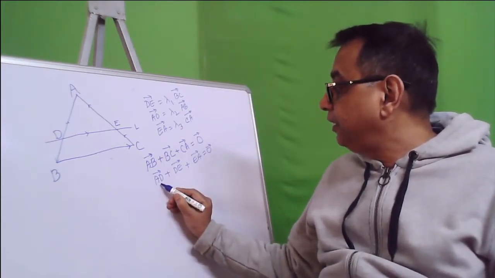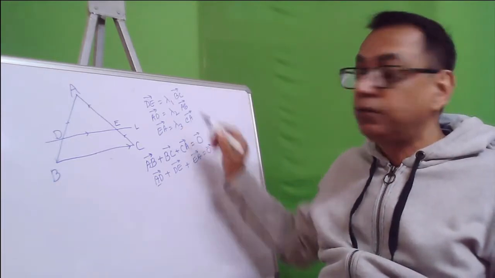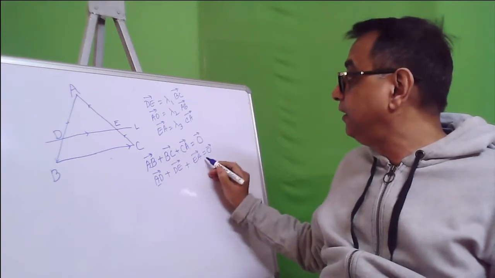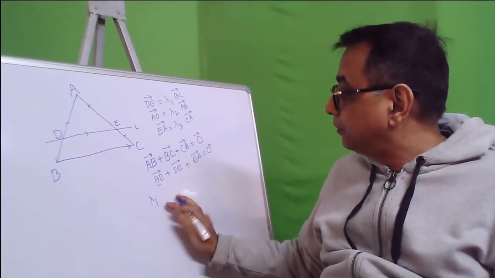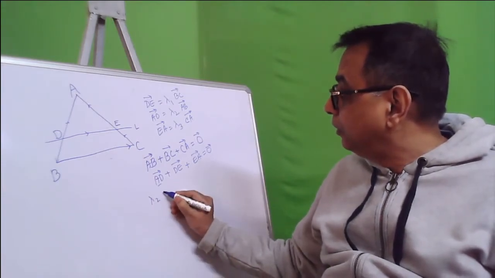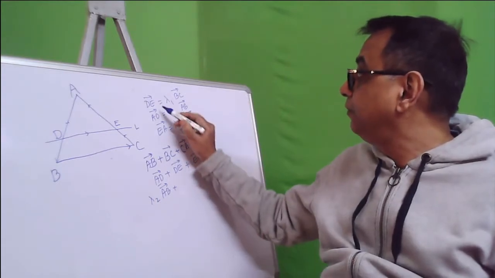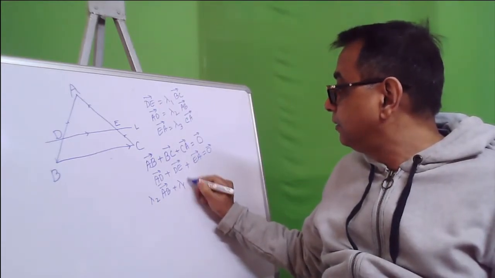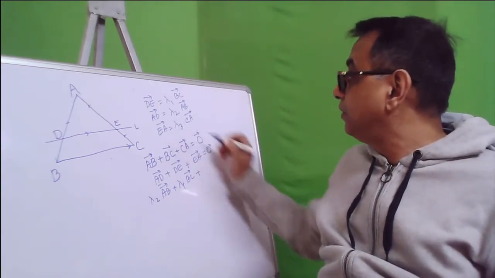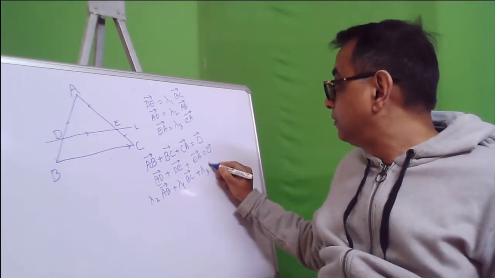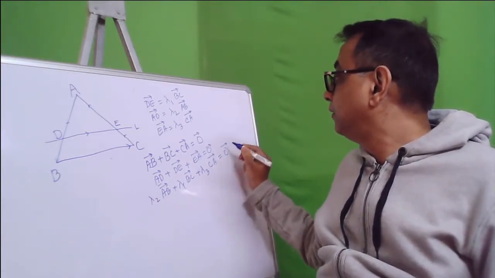Now, if we substitute the values of AD, DE and EA, we will get lambda 2 AB plus, DE means lambda 1 BC, plus, EA means lambda 3 CA. This is a zero vector.